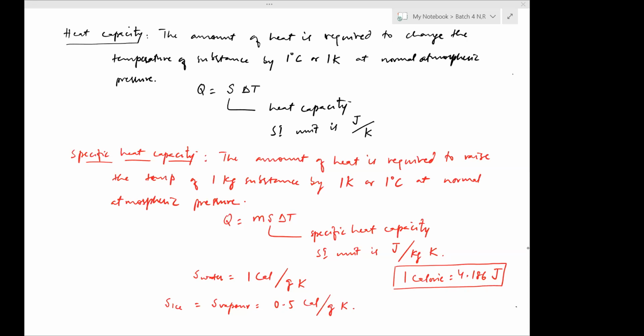So in the second equation, m is mass, right? M equals mass. Yeah.